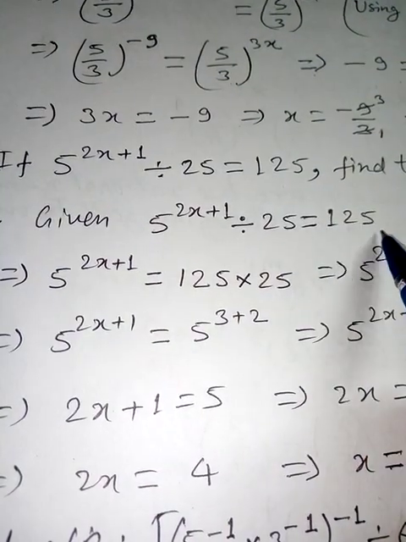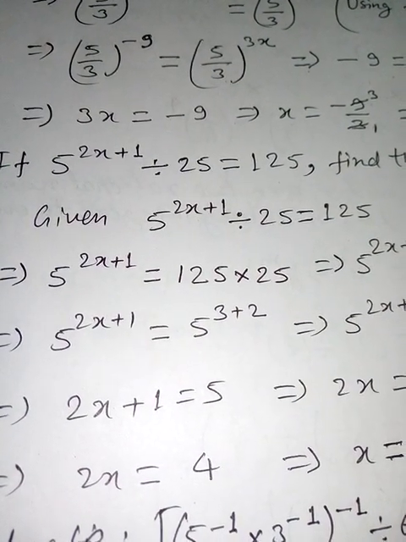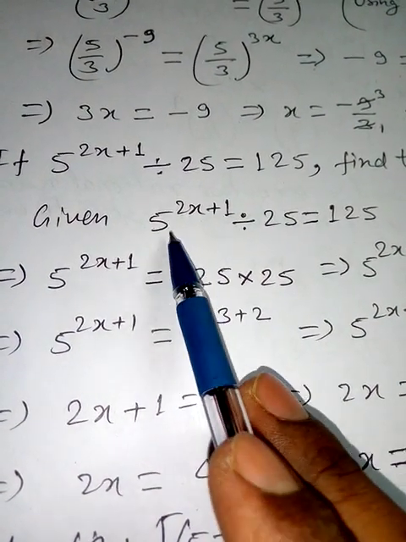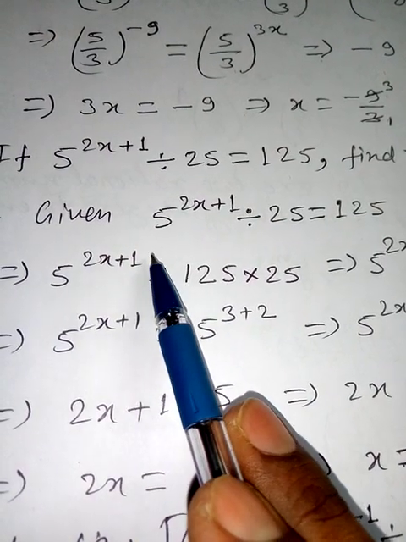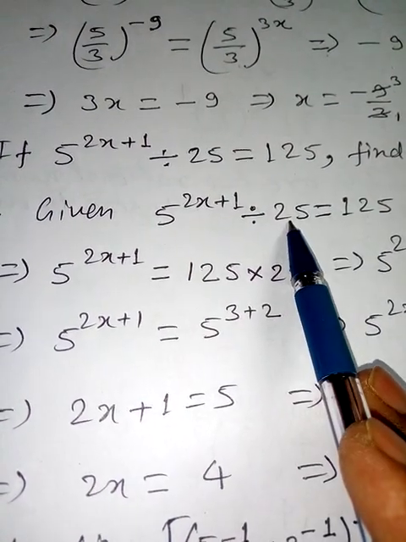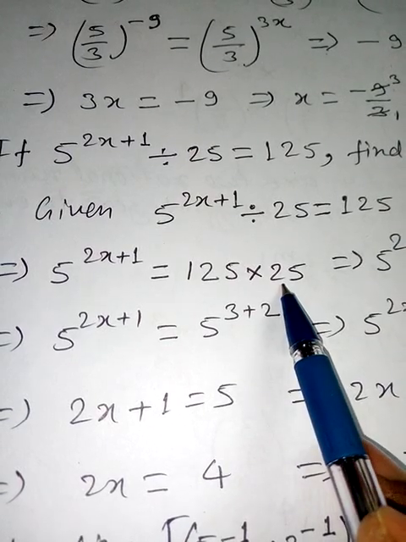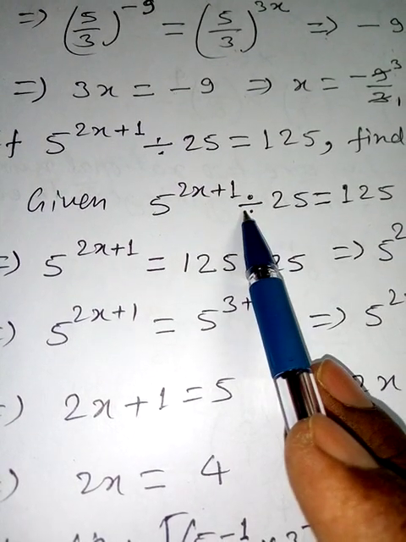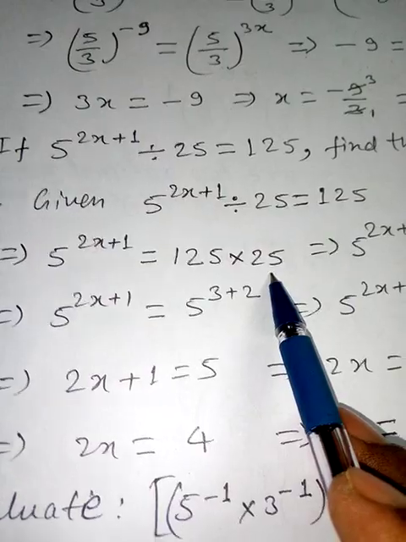Now in the left side 5^(2x+1), and this 25 comes to the right side and is multiplied, because it is division here, so it becomes multiplication.